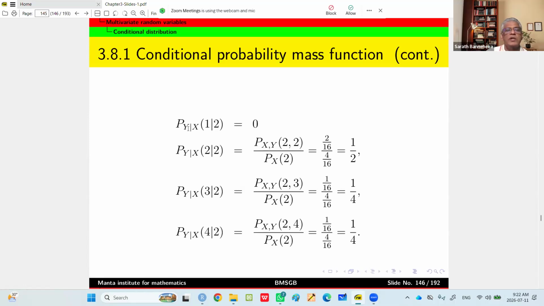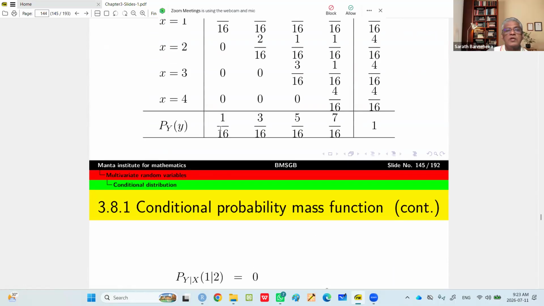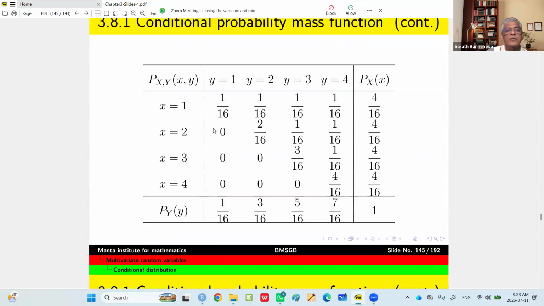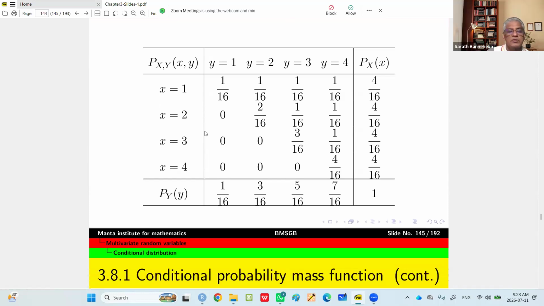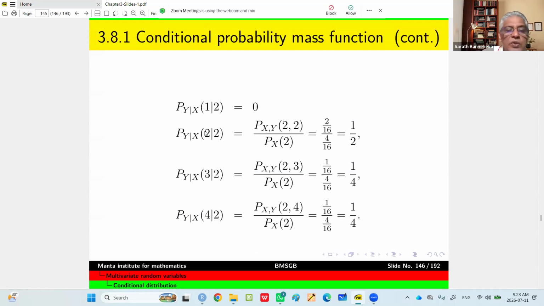So y doesn't become 1 when x equal to 2. When x equal to 2, we are now looking at this row here. So therefore that probability is 0.